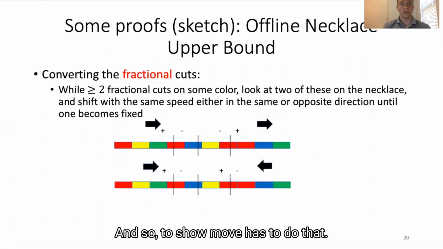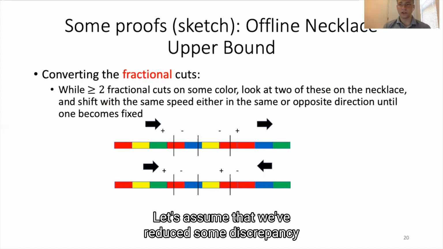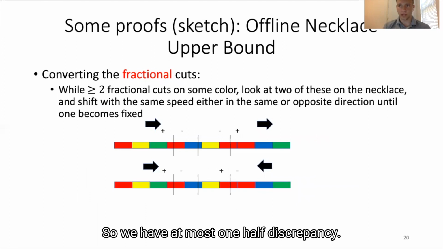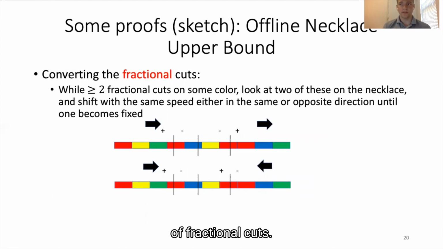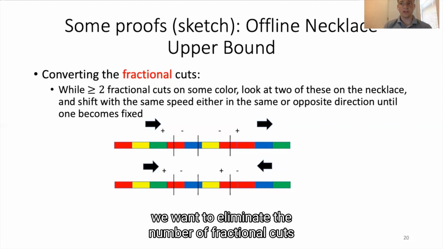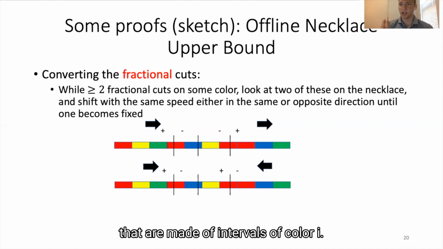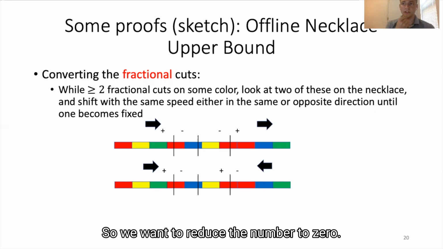And so, to show briefly how to do that, let's assume that we've reduced our discrepancy to what we want. So we have at most 1/2 discrepancy. And let's assume that we have a bunch of fractional cuts. And what we do at the end is that for each color I, we want to eliminate the number of fractional cuts that are made on intervals of color I. So in this case, color red. So we want to reduce that number to 0.